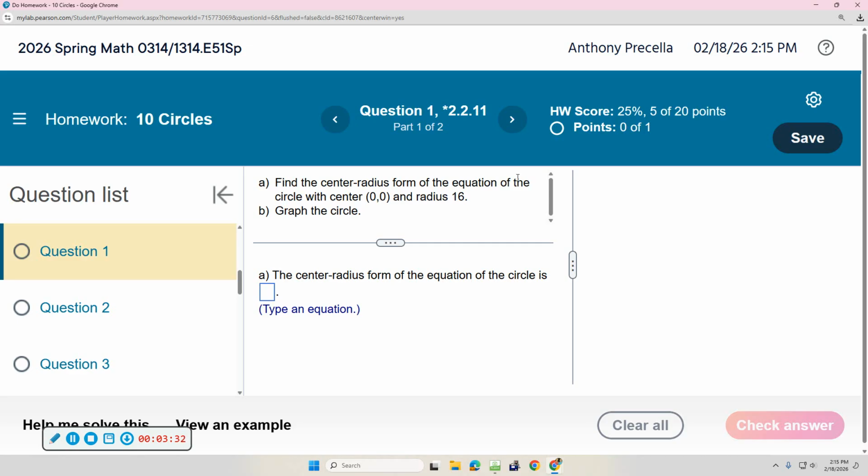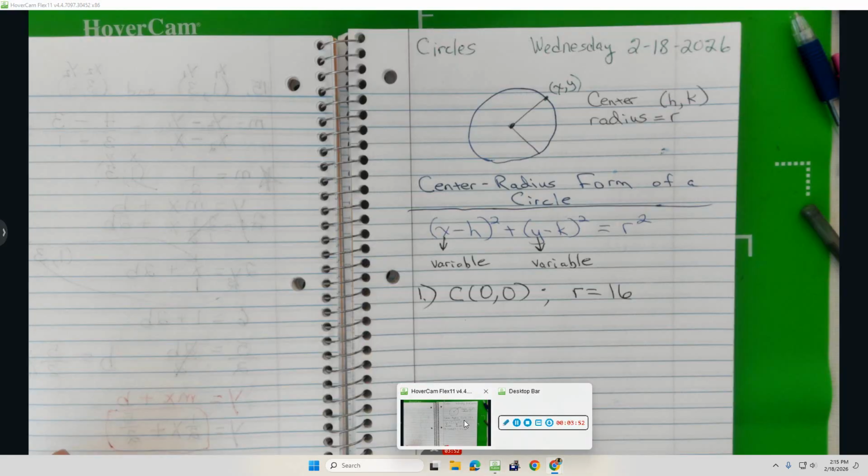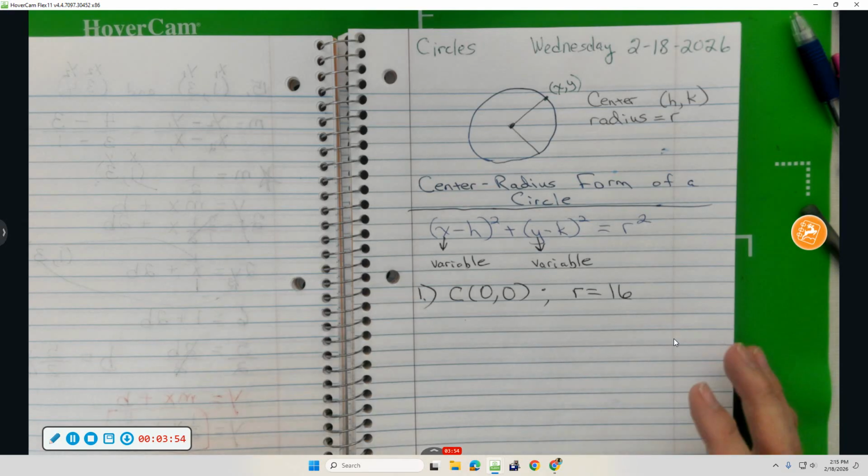I better write this down. They tell us the center is at the origin (0, 0), and they tell us that the radius is 16. We want to write an equation of the circle and then graph the circle. They have a really nice graphing tool for circles.